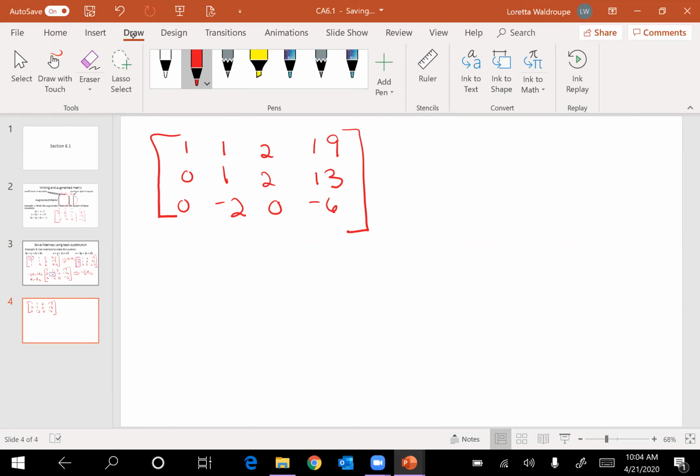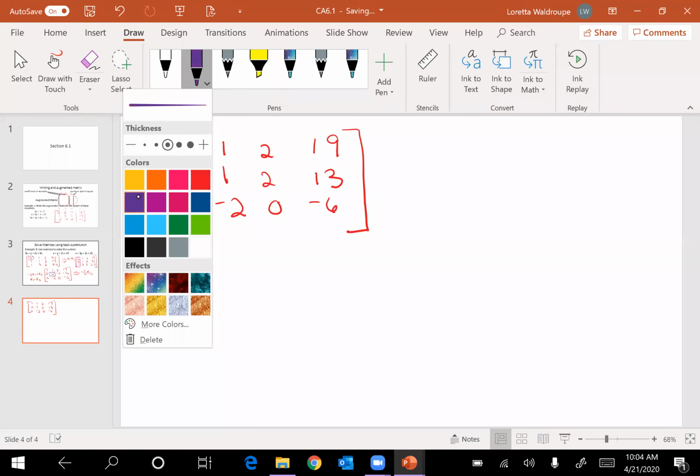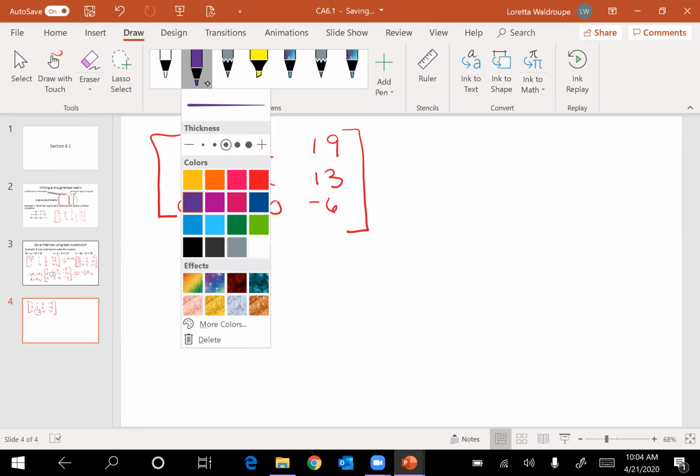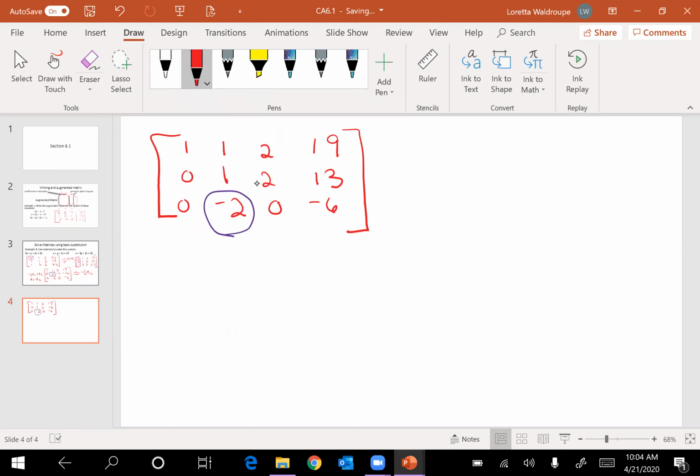Now that I have my 1 again, I want to make the numbers under it a 0. So remember, you do the opposite. So 2 times row 2 plus row 3.